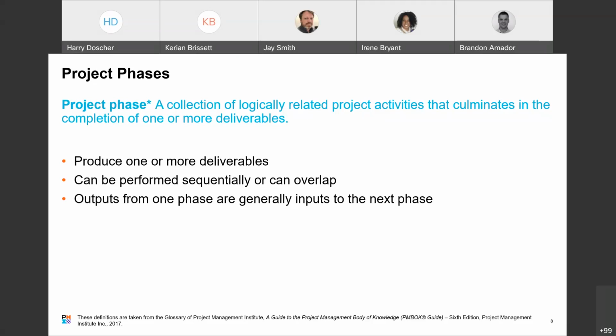Or it could be just a design document or requirements document could constitute a single phase deliverable.